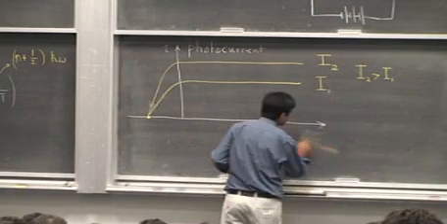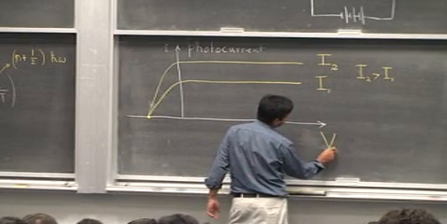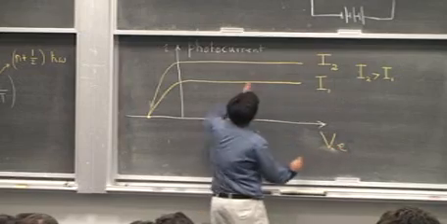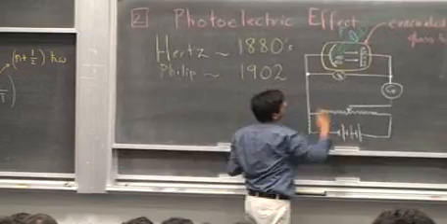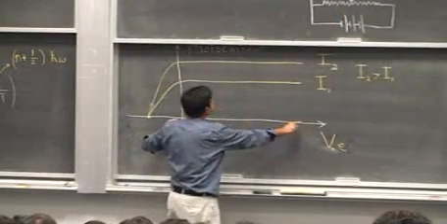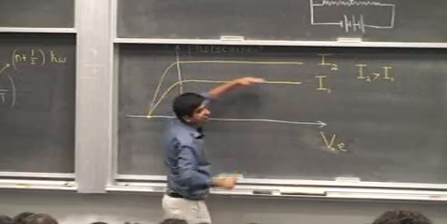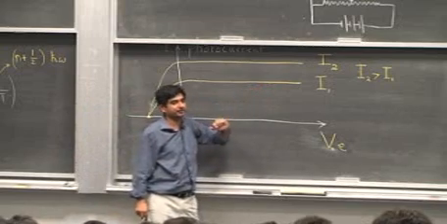Let's call this axis, instead of K max, V naught E, where V naught is the potential that is applied here. You increase the potential, make it more positive, the photocurrent does not change, it remains constant for a given intensity of light.